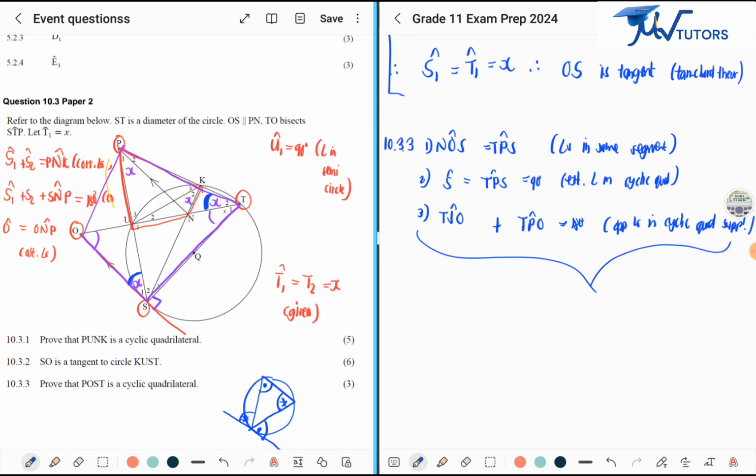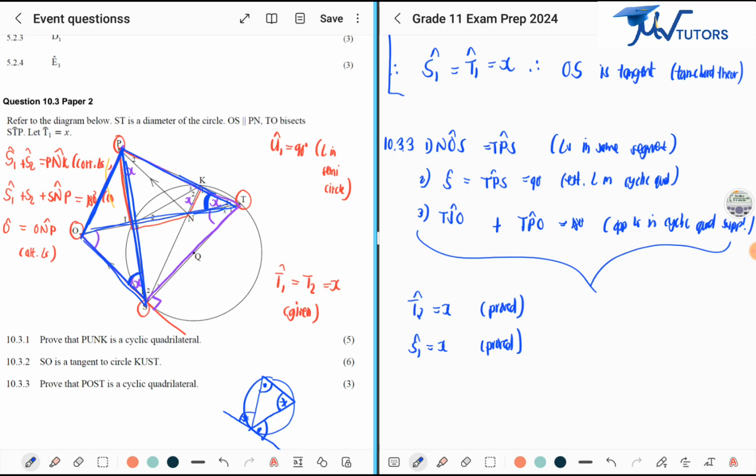So these two, I'm seeing that T2 is equal to X. I've already shown it and proved it. And I see that S1 is equal to X, which I have already proved. And if I track which chord they are coming from, they are both coming from chord PO. I hope that you see. They're coming from chord PO. So in this mess over here, you can see what's actually happening.